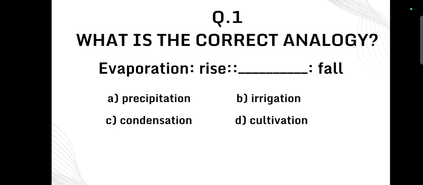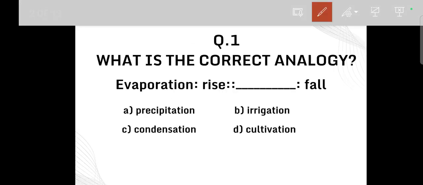Precipitation. Precipitation means the water in the atmosphere falls down, for example rain or the dewdrops that fall in the morning. They are an example of precipitation. Irrigation and cultivation both are related to agriculture.